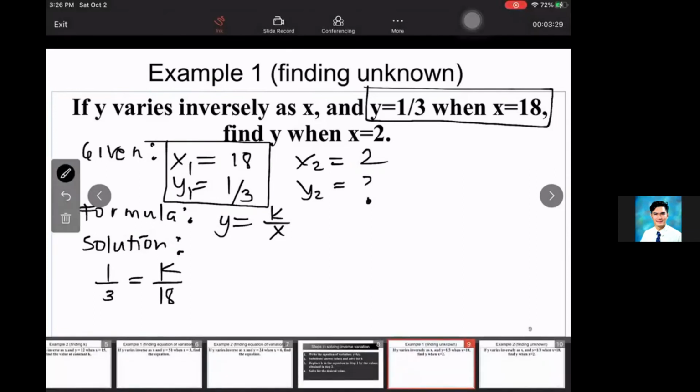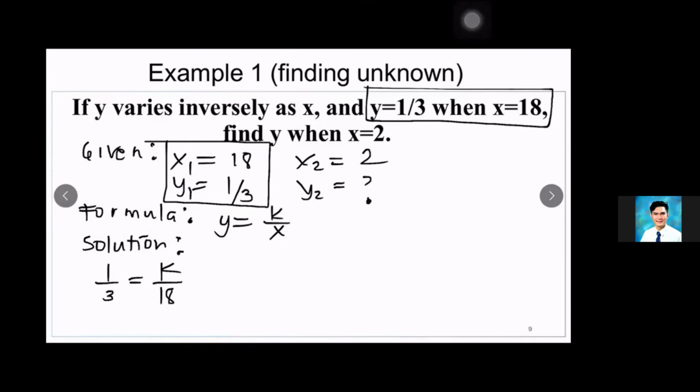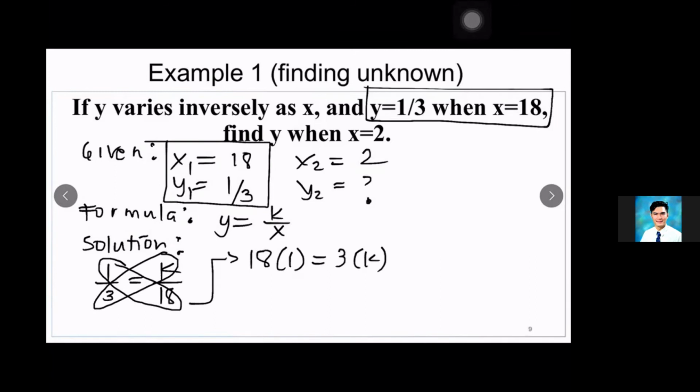Now, as you observe, they are now fractions. We can now proceed to cross multiply. So we have 3 times k and 1 times 18. So it will become 18 times 1 equals 3 multiplied by k. 18 times 1 is just 18, equals 3 multiplied by k.